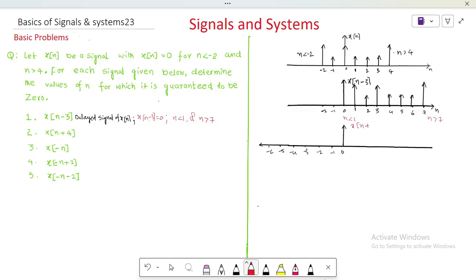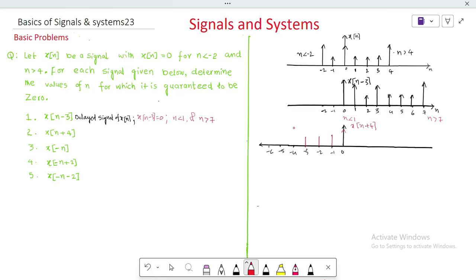This is the advanced signal. So x of n should be shifted to the left side by 4 units. The top pulse, this 4, will appear at 0. The next ones, the 3 small ones, follow.